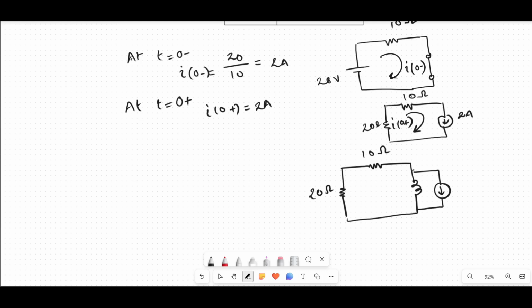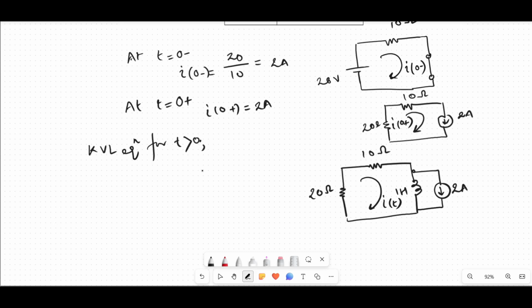We have 1 Henry here. This is 2 ampere, and this is current i. So let's write down the KVL equation for t greater than 0.